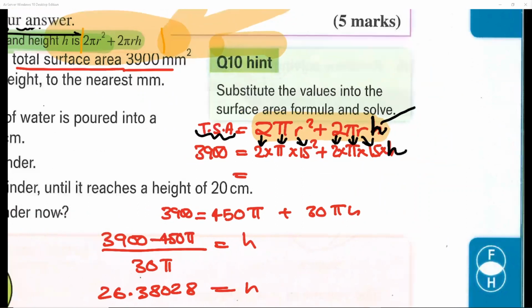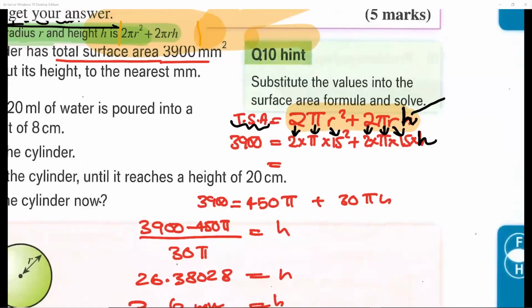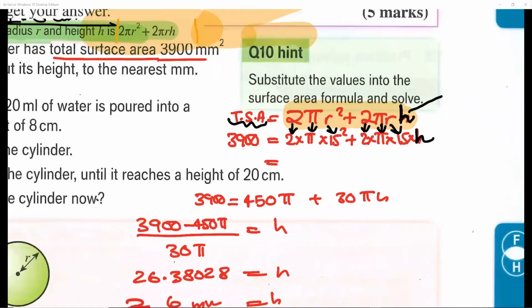So if you put all the values in, 3,900 goes at the beginning. What's 2 times by 15 squared? Well, 15 squared is 225. 225 times by 2 is 450. 450 times by pi is 450 pi. So all of this simplifies to what? 450 pi. And 2 times by 15 is what?